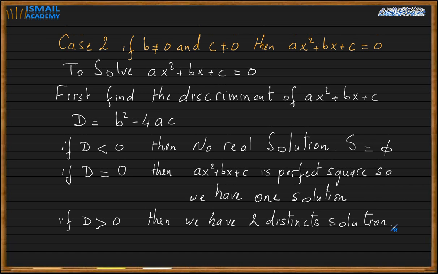What type of factoring do I use? Like I say, it depends on the discriminant. Here for the third case, A is equal to 1.